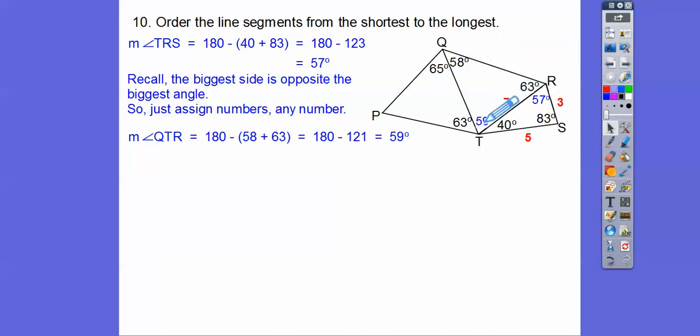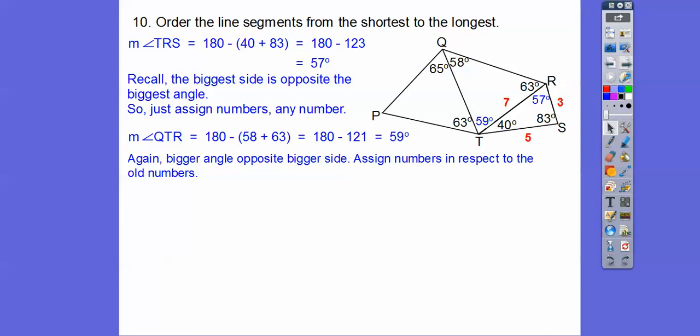So 59 is the next smallest angle, so this must be the next smallest side. So I just assigned some other numbers referencing off of that 7, and I just made them 9 and 10. You can make them 8 and 9, or you can even make them decimals. Just make sure that this is the smallest angle, so this is the smallest side. This is the medium angle, so this is the medium side. And this is the biggest angle, so this is the biggest side.